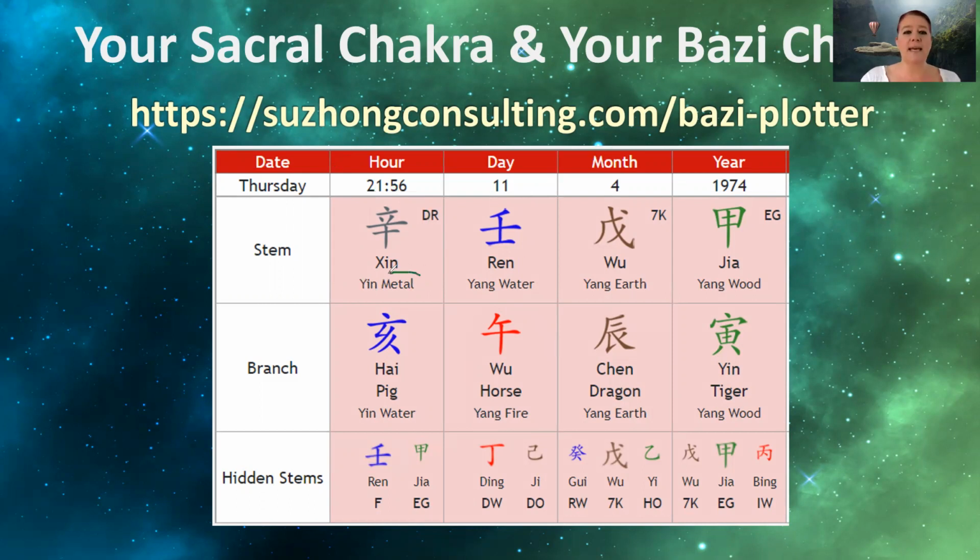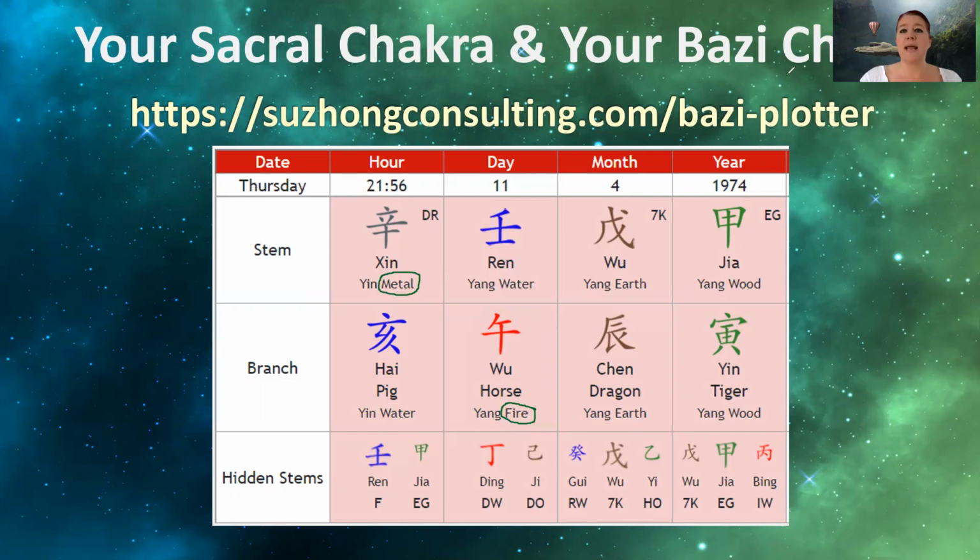What you need to check is what element you have here in the stem and what element you have here in the branch. Only those two elements are important. In this case, we have metal here in the hour stem and we have fire here in the day branch. All the rest we are not concerned with. Just look at those two elements.